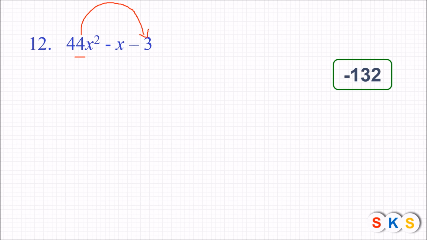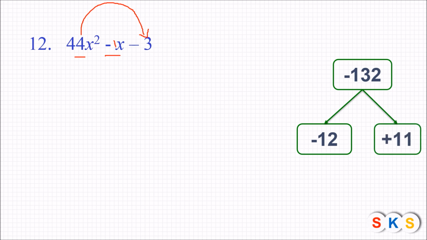When you multiply them, you should get minus 132, and when you add those two numbers, you should get minus 1. Let's see, those two numbers are minus 12 and plus 11. Minus 12 into plus 11, if we multiply that, you will get minus 132, and when you add minus 12 with plus 11, you will get minus 1.